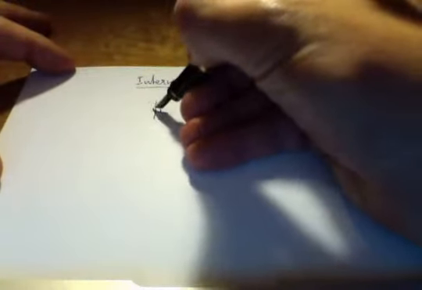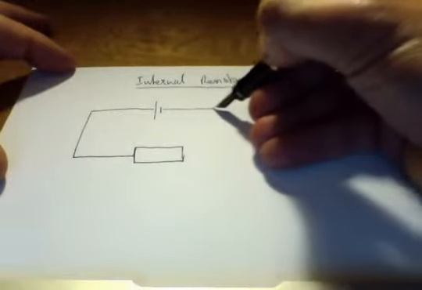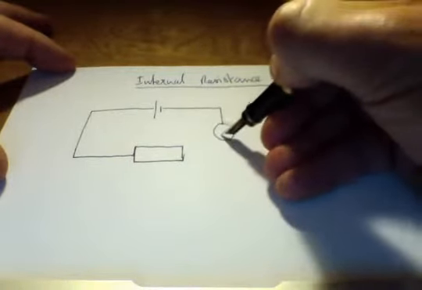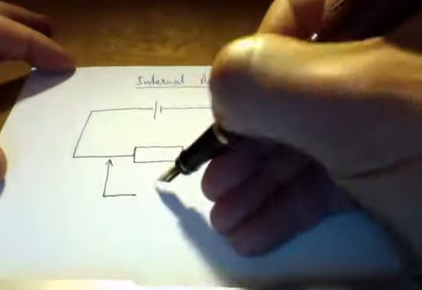In essence, if we start with a battery, just any type of battery, and we put it across a resistor, then obviously a current flows, and we can measure a potential difference across that resistor.